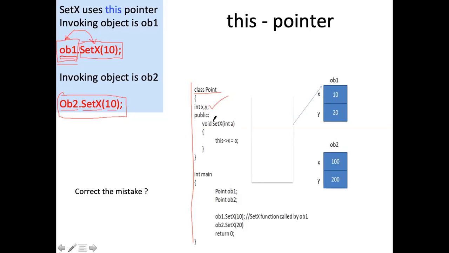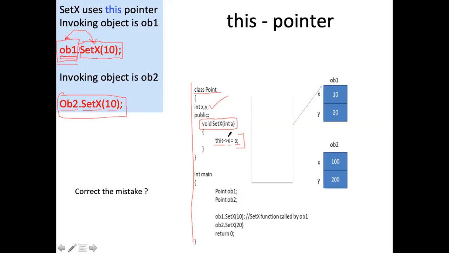And the function here is the setX function, and this is the body of this function. It's using the this pointer, and this pointer points to X and sets a value of A to this. So this points to X.